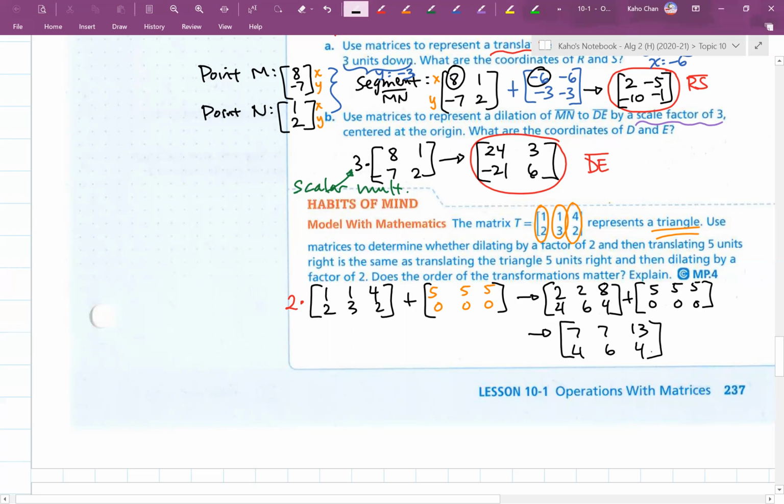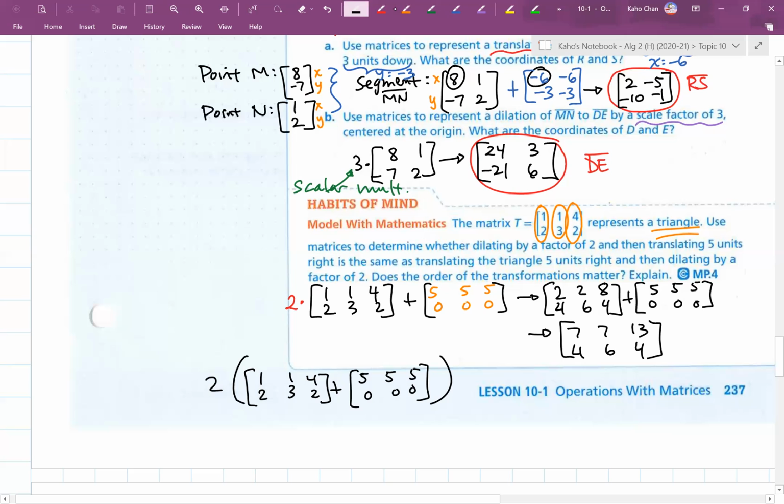And is that the same as doing it the other way, where we translate the triangle first and then multiply by 2? And let's see what happens. I'm kind of using parentheses and the 2 to represent.